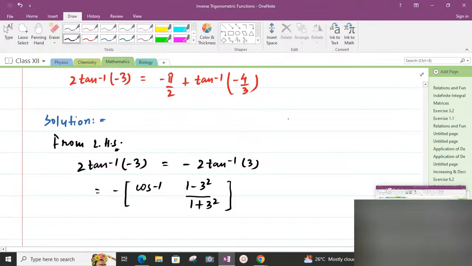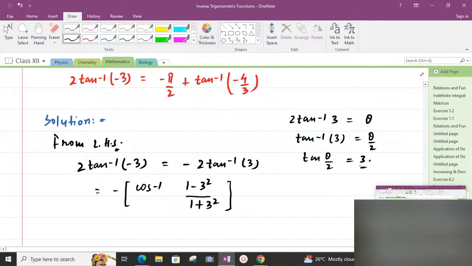Let's see for the rough. 2 tan inverse 3 equal to theta, then we get tan inverse 3 equal to theta by 2, or tan theta by 2 equal to 3.